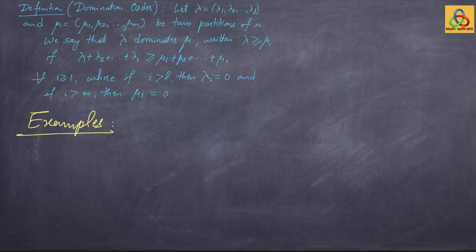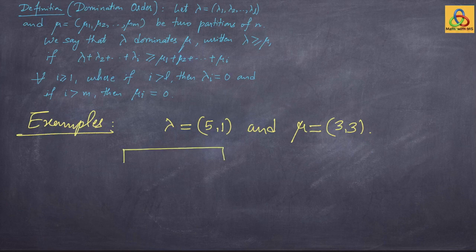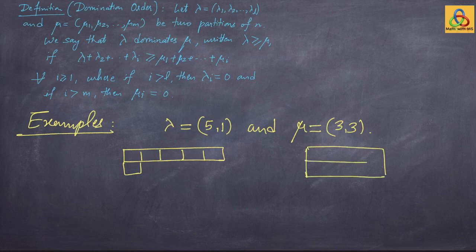Look at the partition lambda equals (5, 1) and mu equals (3, 3). Then lambda and mu are partitions of 6. The Young diagram corresponding to lambda is the following. This has 5 boxes in the first row, 1 2 3 4 5, and 1 box on the bottom, whereas the Young diagram corresponding to mu is this one.